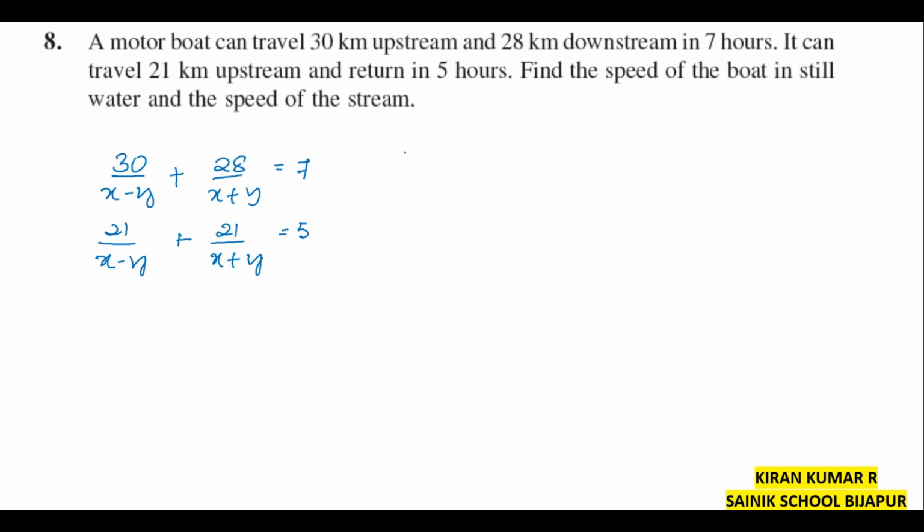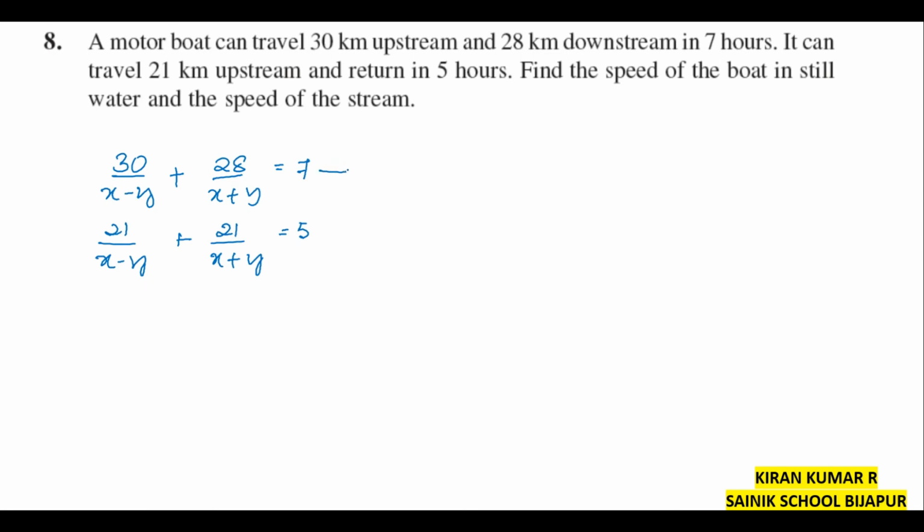If I multiply the first equation with 3, I'll be getting 28 multiplied by 3 is 84. If the second equation is multiplied with 4, I'll be getting 21 multiplied by 4 as 84. So the coefficients I can make as common.